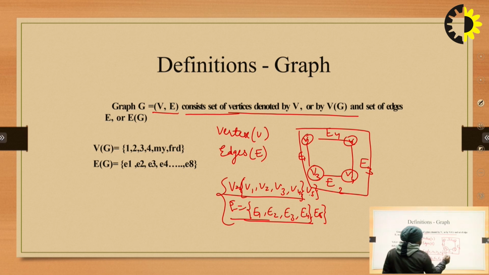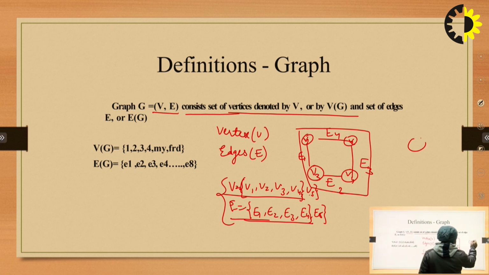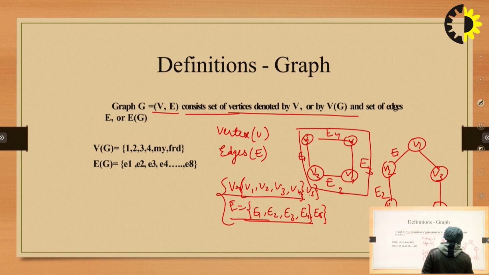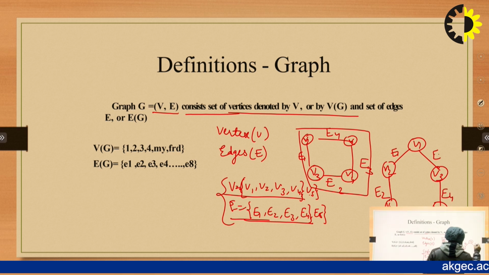As I have written here, v5 and e5, so the graph is v1, v2, v3, v4, v5. Now the edges are connected through this, so this is e1, e2, e3, e4, e5.